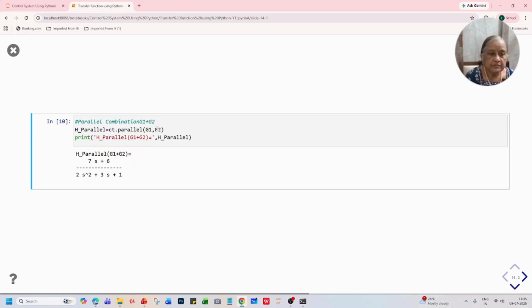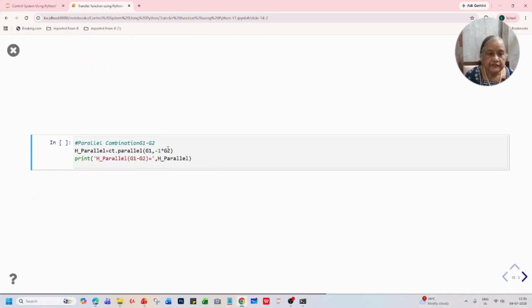So this is G1 plus G2. And you can check whether the numerator and denominator polynomials are correct. That is 1 by s plus 1 plus 5 by 2s plus 1 will result in this numerator and denominator polynomial. So how can we do it if it is a subtraction? If it is a subtraction, you just multiply this G2 by minus 1.